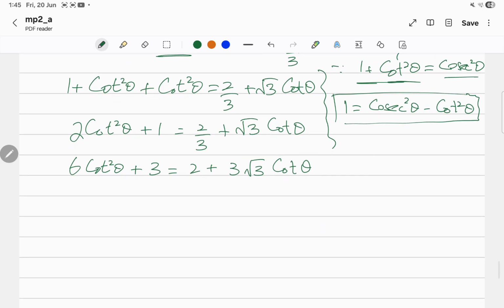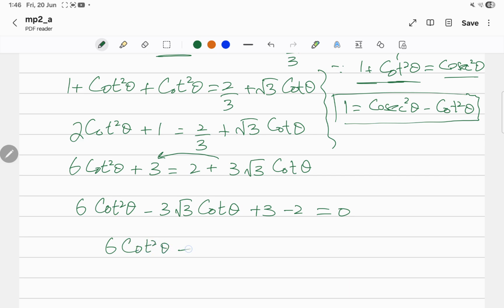Now if we take all the values to one side, if you take this expression to the left, it will be 6 times cot square theta minus 3 root 3 cot theta and plus 3 as it is on the left hand side. If you take this 2 to the left, it will be minus 2 equals 0. So we will end up with 6 cot square theta minus 3 root 3 cot theta. Positive 3 minus 2 is plus 1 equals 0.